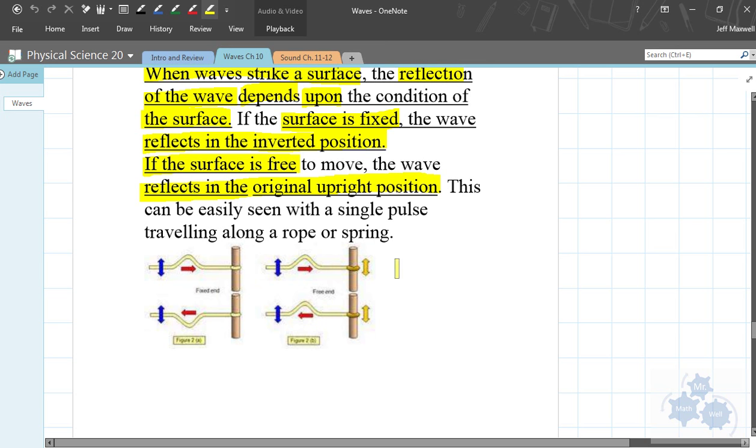And maybe if you were holding that little string, right, and you sent a pulse down the slinky, and you were holding the string, it moved wildly. But any reflection that you would have seen probably came back on the same side. It would have been pretty small, but it would have come back on the same side. So if it's free to move, the reflected pulse is in the same upright position.